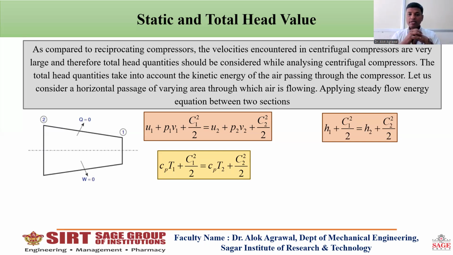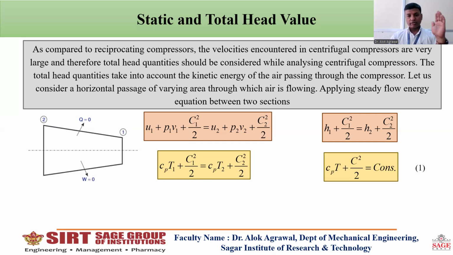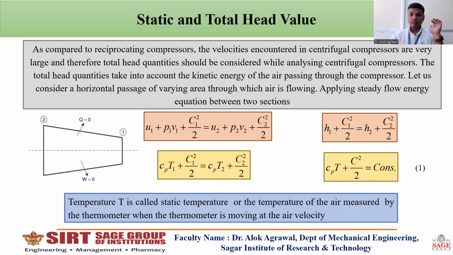So we get Cp T1 in place of H1 and Cp T2 in place of H2. Now the sum of this enthalpy and the kinetic energy is a constant, because at inlet and outlet they are both equal. We will call it equation number 1.